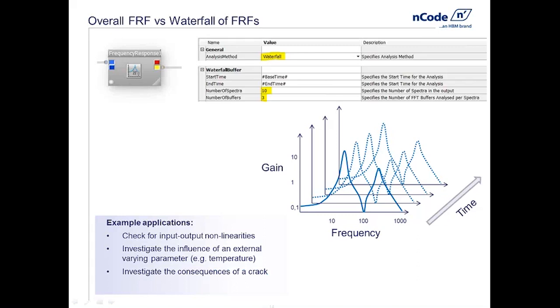Another application is what happens if there is a crack that appears in my structure. Typically, a crack would have the load path changed and would result in maybe a reduced stiffness that we could capture, most probably better with a strain gauge, but maybe also with an accelerometer.